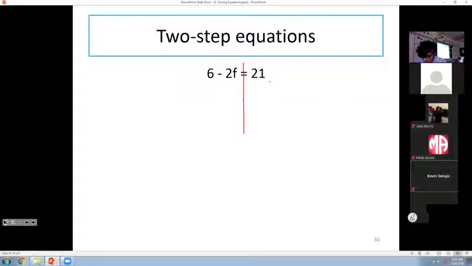So here is the thing, guys. We are supposed to take away this 6 and negative 2. But don't forget, which one will be taken away first?